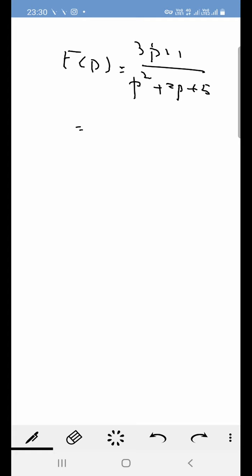It can be simplified as 3p plus 1 divided by (p plus 1) whole square plus 4.